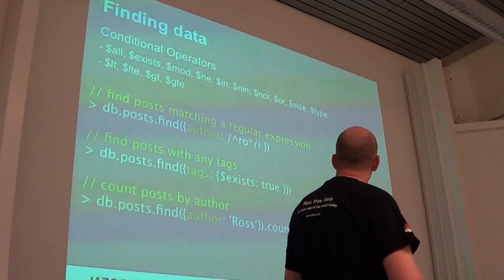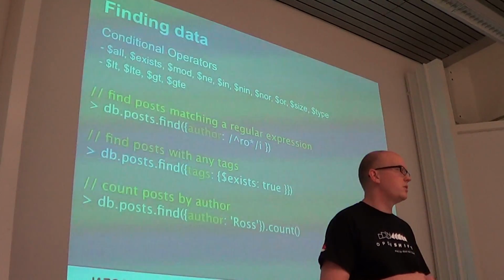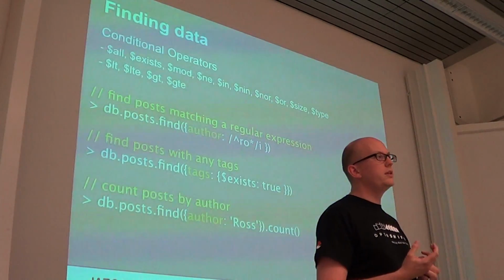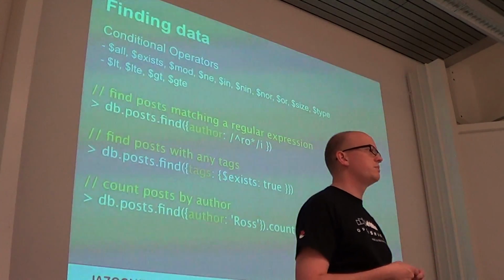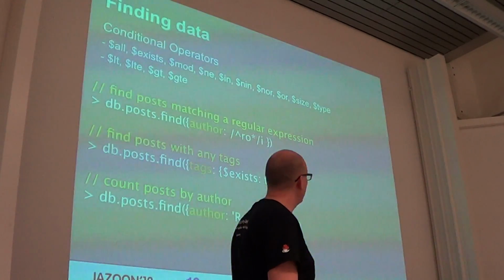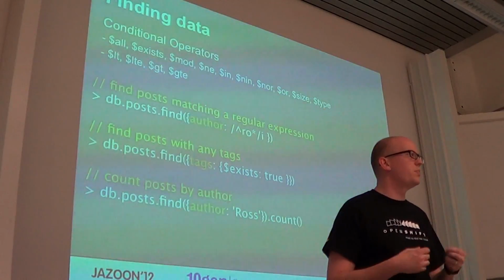There are various operators, like ranges for less than, equals, greater than. The way you do your queries is you provide a document, an example of what you want to match, so it's very declarative. Up here we have author as the key, and we're passing in a regular expression to find any authors that begin with R.